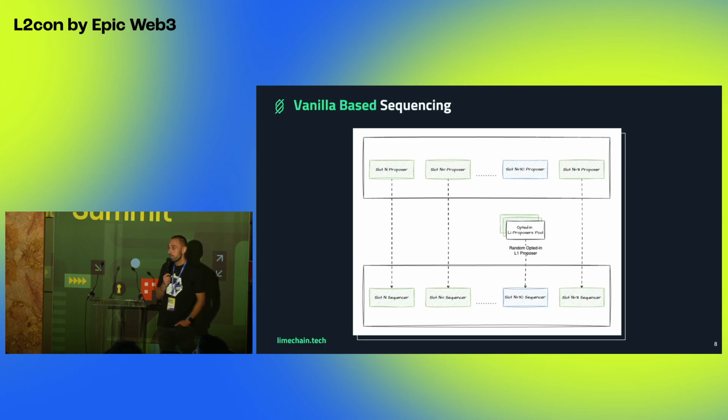Unlike with L1, where you get three times a year per validator to be a proposer at best, with this system, the fewer opted-in proposers there are, the bigger the chances that you are going to get drawn to be a sequencer. And when you get drawn to be a sequencer, the obvious good things happen. You get transaction fees because you're doing service for the rollup. So this very nicely tackles the cold start problem.